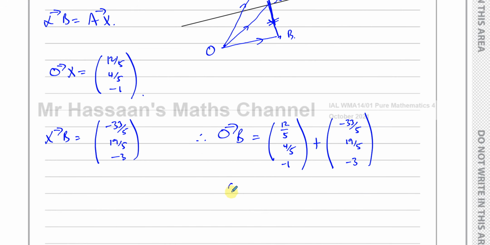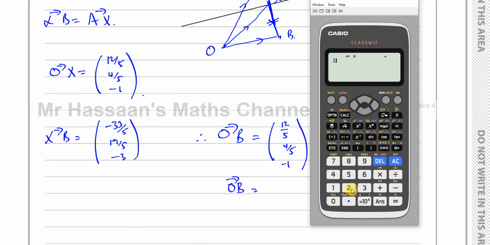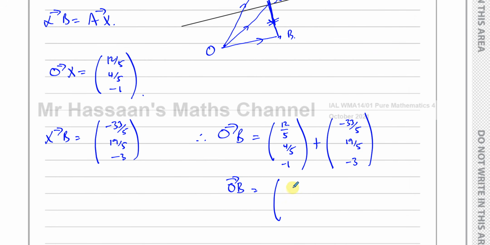So we add them together. O to B is going to be 12 minus 33, all over 5. So 12 minus 33 gives you minus 21, so that's minus 21 over 5. And 4 over 5 plus 19 over 5, which is 23 over 5. And minus 1 minus 3, which is minus 4. So there's the vector from O to B.